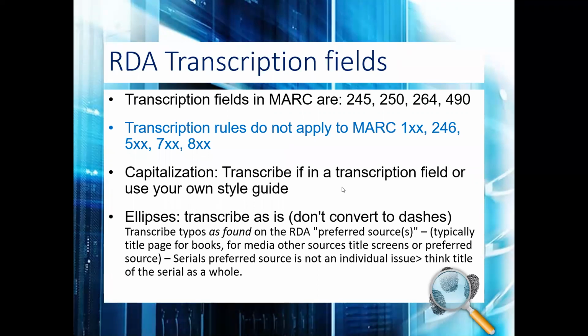So you're getting the form of the name from the authority record. You are getting the subject heading from whatever thesaurus you're using. Might be the Library of Congress subject headings, it might be Sears, it might be a genre, it might be FAST, whatever you're using for your subject headings, but you're getting it from that list, so you're following that list.